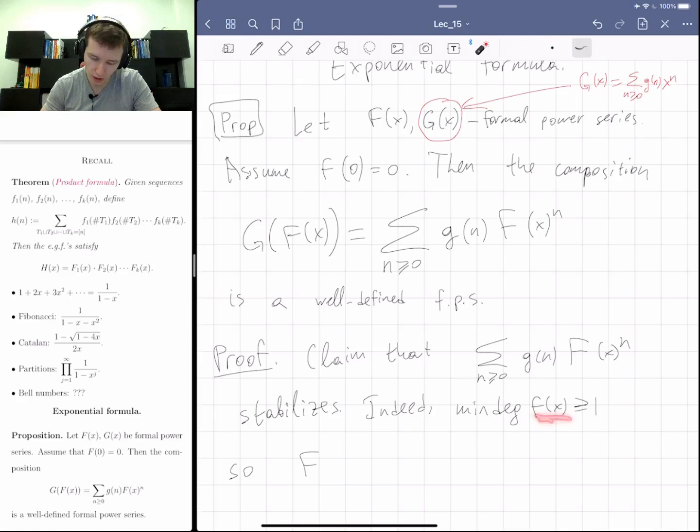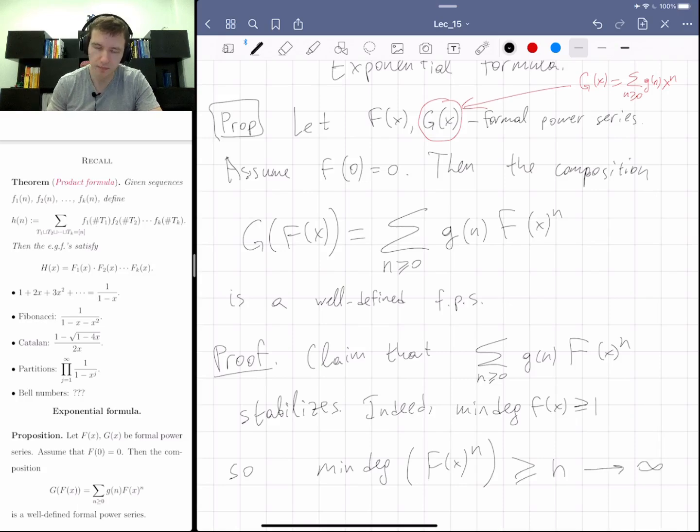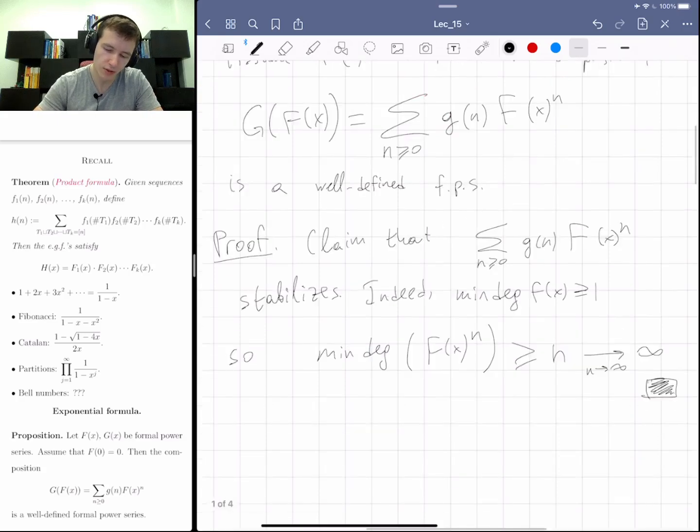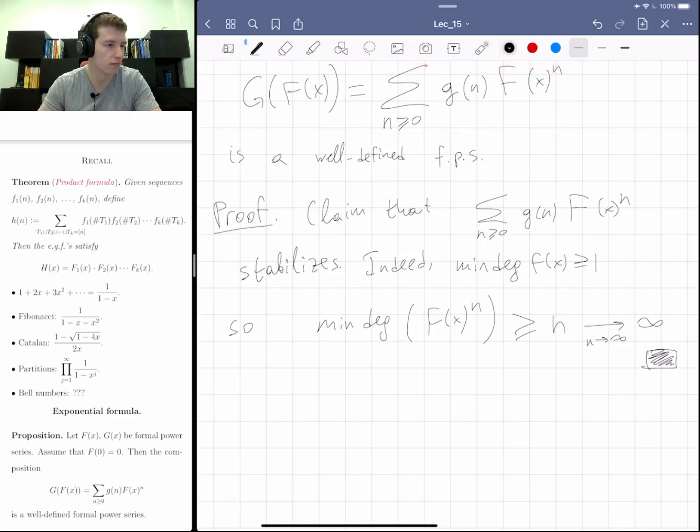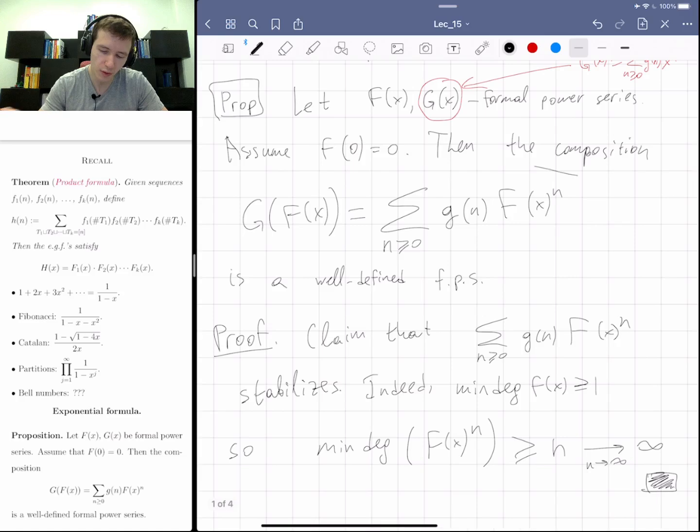So if you raise it to the nth power, the minimal degree of f of x to the n is greater than or equal to n. And that goes to infinity as n goes to infinity. And therefore, by some previous theorem, you get a well-defined formal power series. You see you don't have to worry about the domain of definition or whatever. It's a very formal procedure, but it matches the usual composition from calculus.